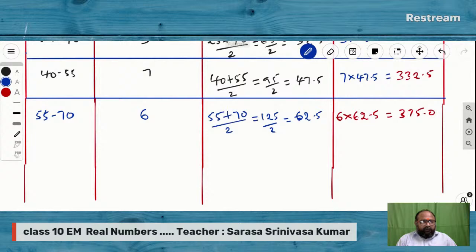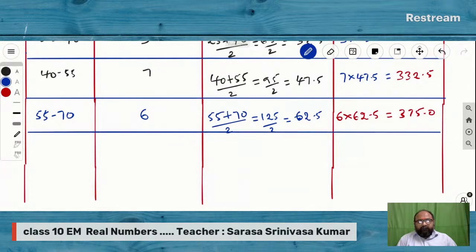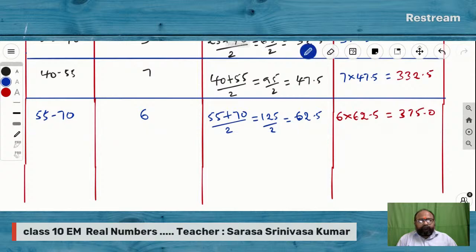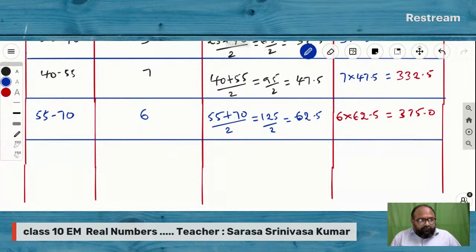Next, we consider the next class interval, 70 to 85. In 70 to 85, there are 6 students.